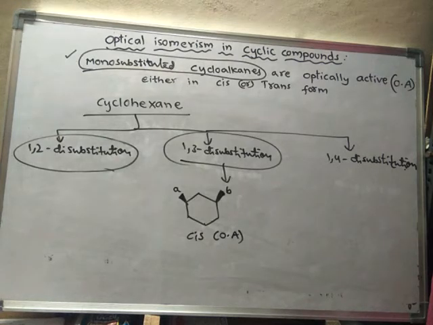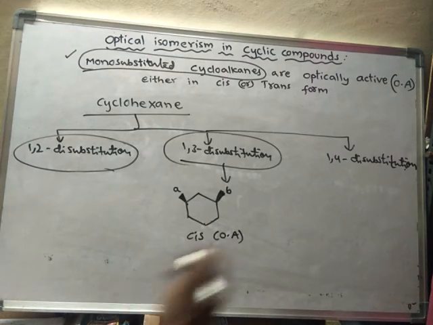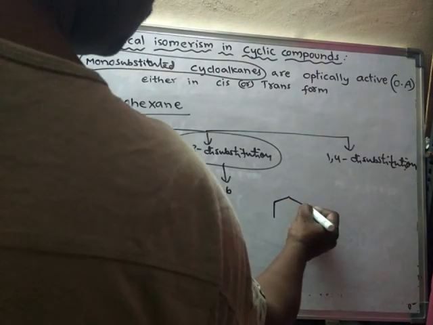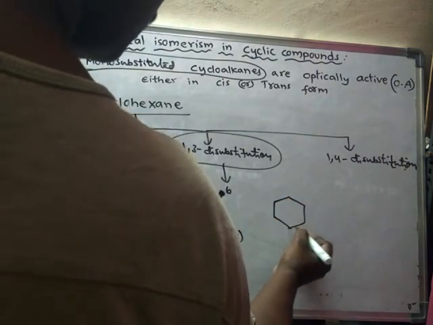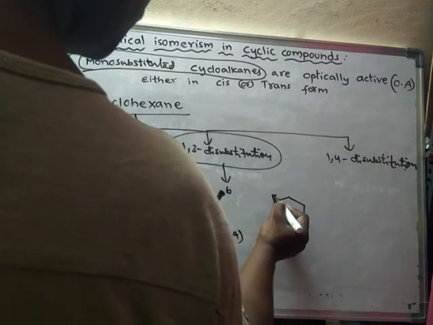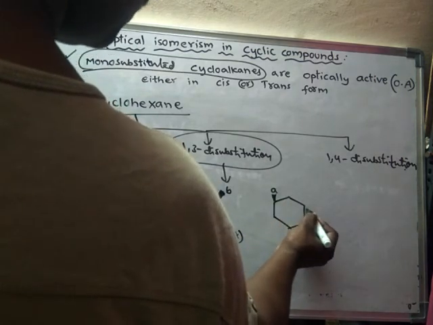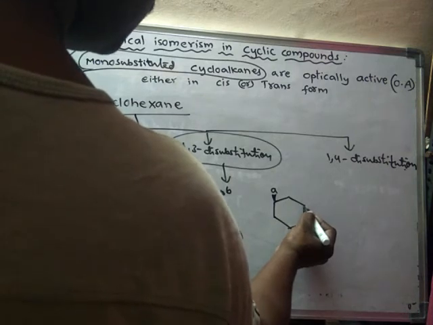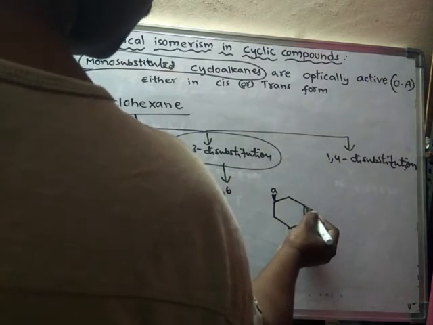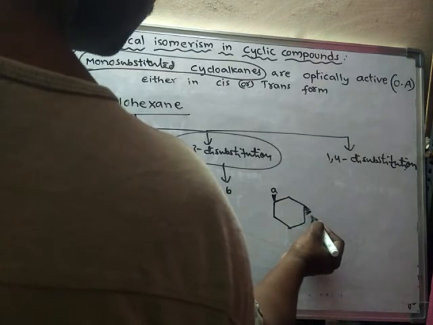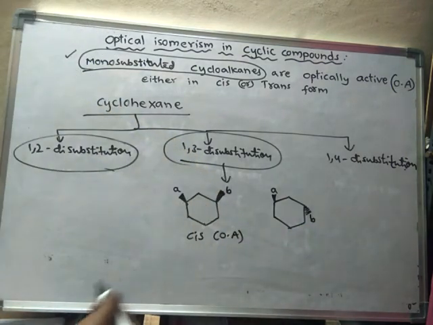So if any symmetry element is not there, then that molecule will be optically active. If I see the trans form of this compound, that means one substituent is above the plane and another substituent is below the plane.